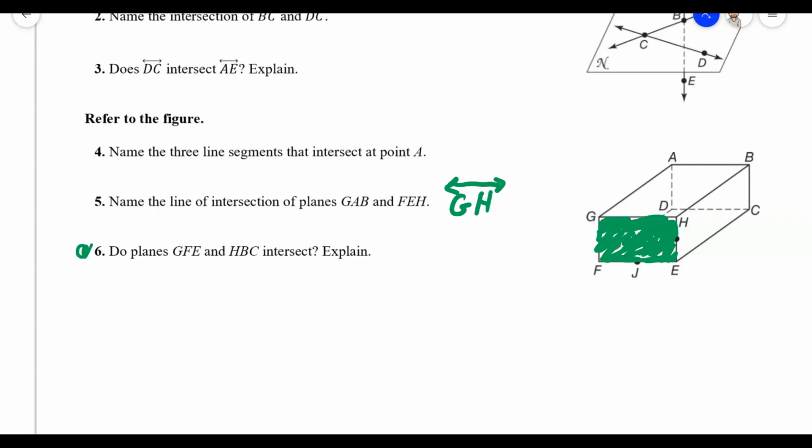It's this plane here. It's the front of the shoebox. Does that intersect HBC? Well, where's HBC? The blue plane over here. It's the front of the shoebox and a side of the shoebox. Do those two planes intersect? Let's answer that on the Ed puzzle.